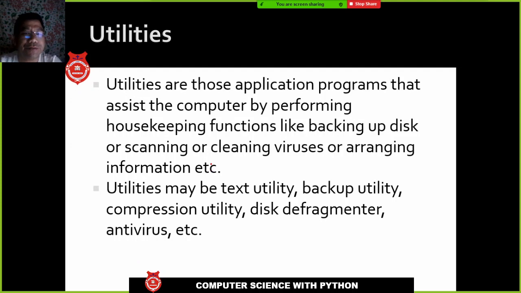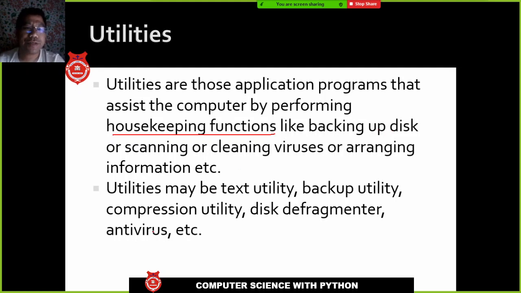Now let's talk about utilities. In your home, your broom may be your utility to clean your home, right? Something like that. In computers or mobile phones, utility software are those used for housekeeping functions like backing up a disk or scanning for viruses.